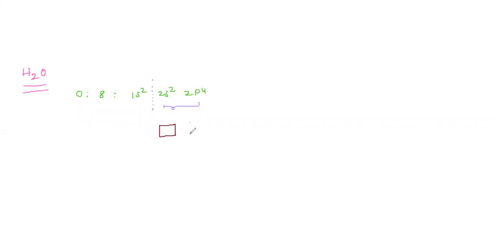This is the s orbital. Again, the p orbital exists in three: the px orbital, py orbital, and pz orbital. How many electrons are there in the p orbital? Four: 1, 2, 3, 4 electrons. In s there are 2 electrons. How many unpaired electrons are there? These two are the unpaired electrons, meaning single electrons.